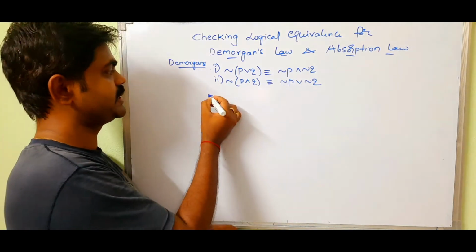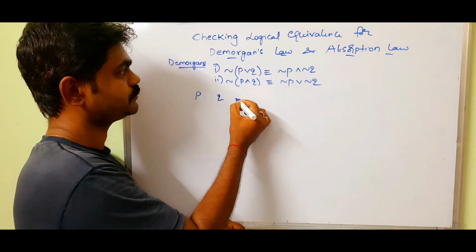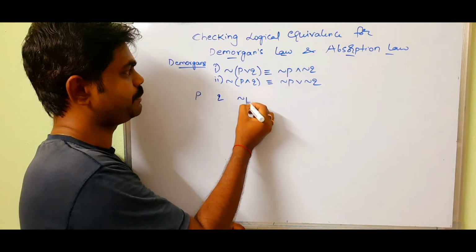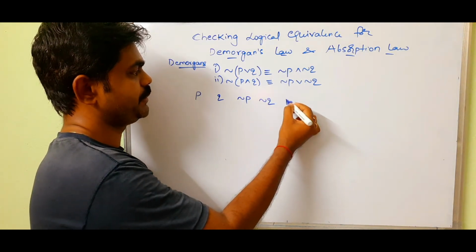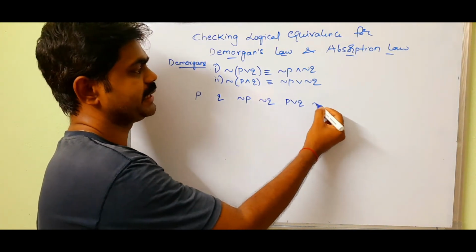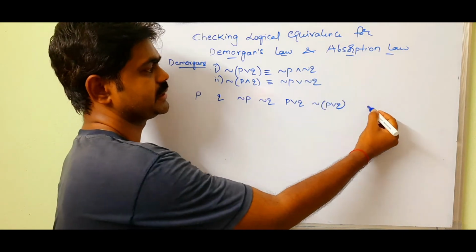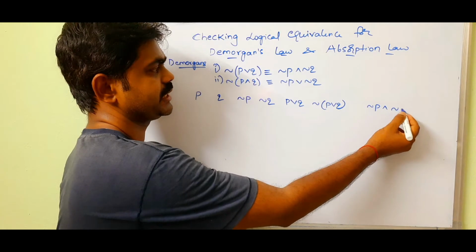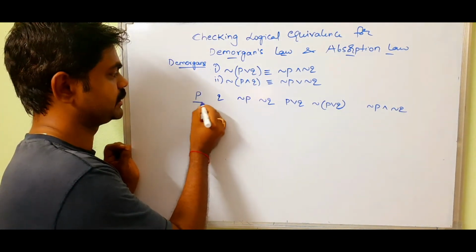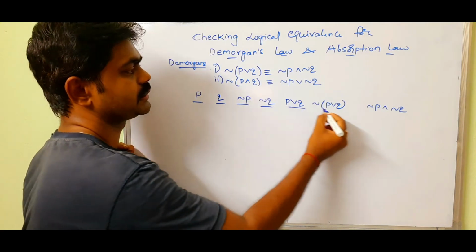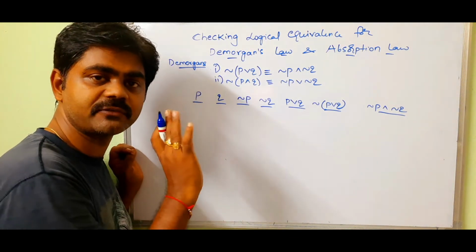The first one has columns P, Q, negation P, negation Q, P or Q, negation of P or Q, and negation P and negation Q. I have only P and Q, right? Only two variables, that is 2 power 2, so I'll get 4 rows.